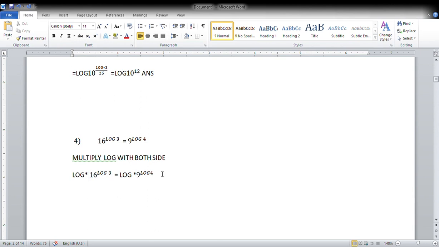Simply, what can you write it as? First of all, try to read that one properly, right? And this log 3 will come to that side also, the front side. So log into 16 will be 4 to the power 2, right? And this log 4 will come to that side.